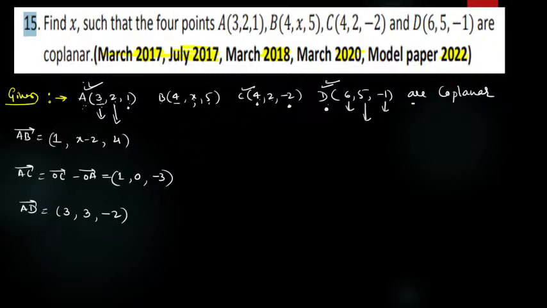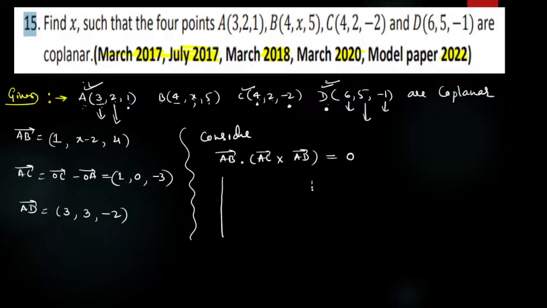According to them, since they are coplanar, find its scalar triple product. So consider the scalar triple product, that is first vector AB dot second vector AC cross third vector AD. So their scalar triple product is equal to 0, because they are coplanar, and hence find their determinant here.